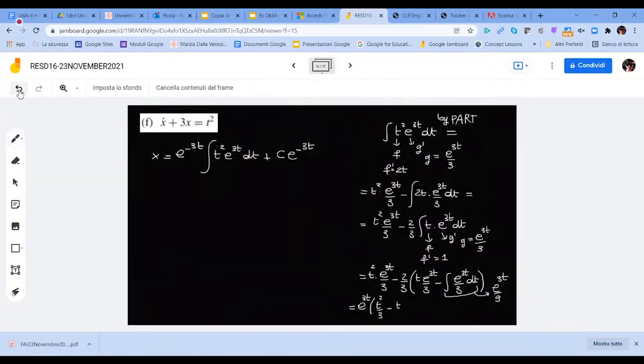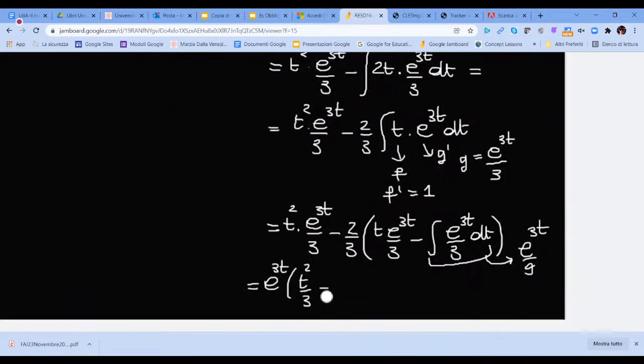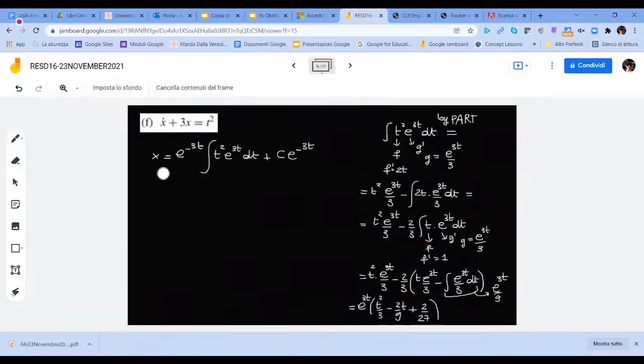Let's write 2/9 in front of t. 2/9 times t. Minus times minus is plus. 2/3 times 1/9, it is 2/27. Okay, so this is your integral.